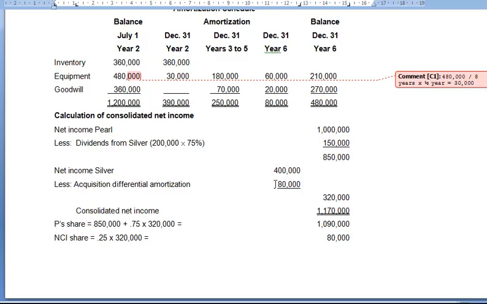Here, because NCI picks up its share of goodwill, it also gets allocated its share of the goodwill impairment loss. But under the parent company extension theory, if it doesn't get allocated goodwill, it does not get allocated a loss. And if you don't pick up the loss, your NCI is bigger, right?